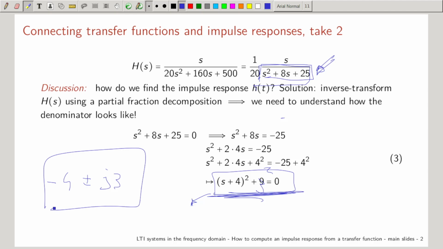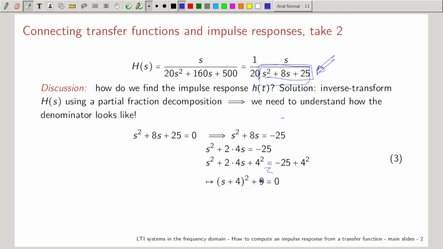That means that I can rewrite this part as (s plus 4 minus j3)(s plus 4 plus j3). Are we together on this?